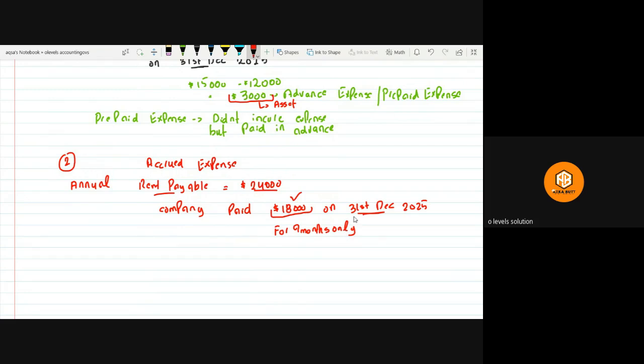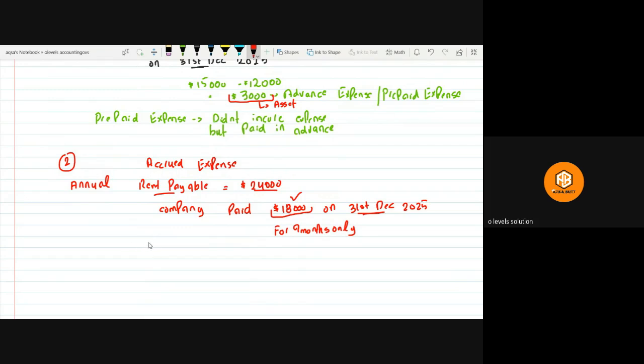But you use the service. You have used the factory for the whole 1 year, but you haven't paid the amount for 3 months. You didn't pay for the rest of the 3 months.